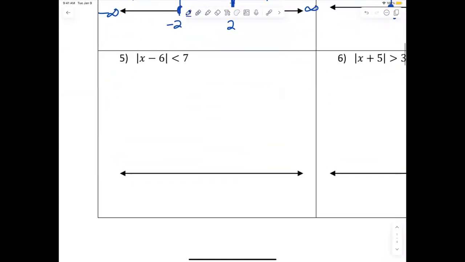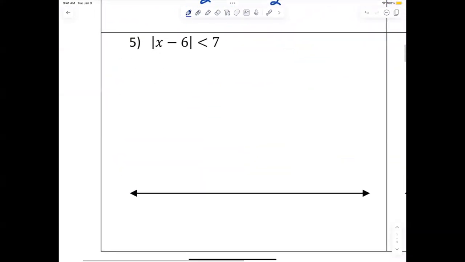All right. So here we go. Please do what I'm saying. Write it as if there's no absolute value signs. So we just say x minus 6 is less than 7. Then you write it as what?